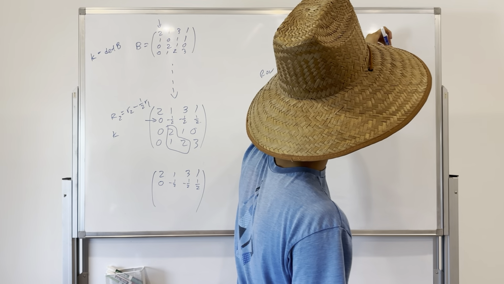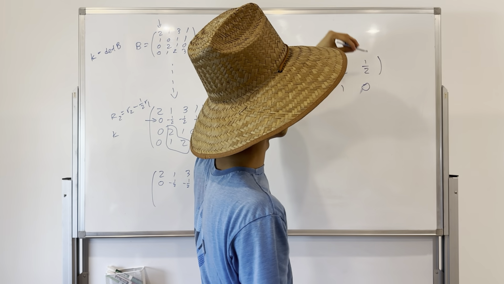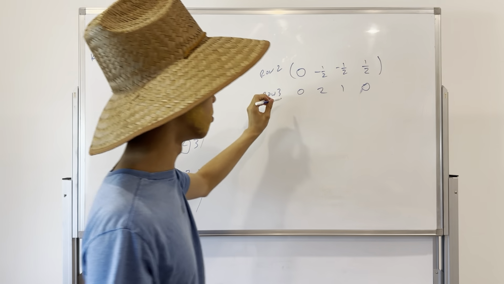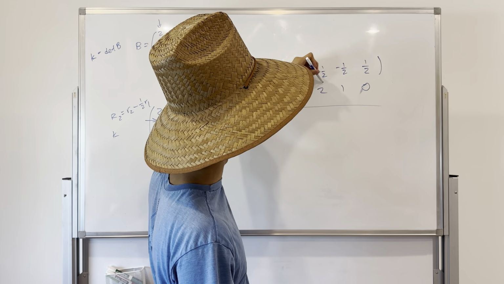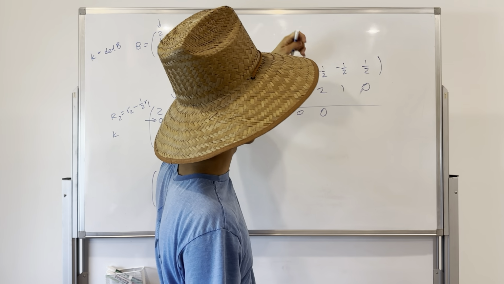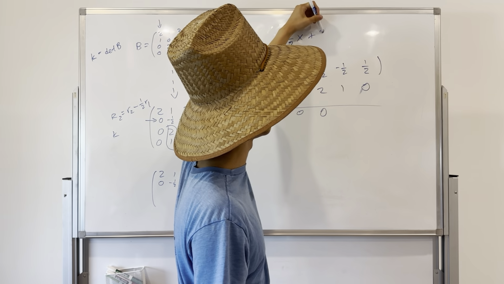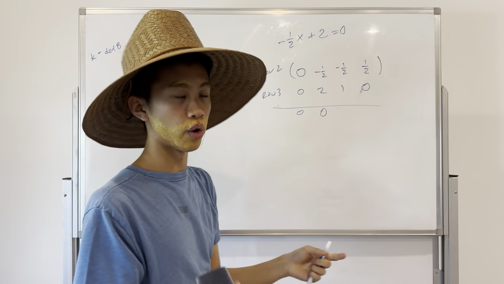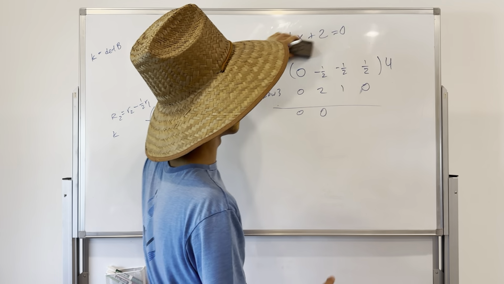Now we have to multiply row 2 by some factor in order to get this term to go to 0. So negative 1/2 times x plus 2 equals 0. Well, x would be 4. So we have to multiply everything on this row by 4 and add that to row 3.